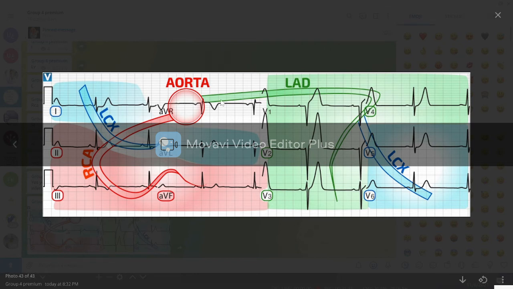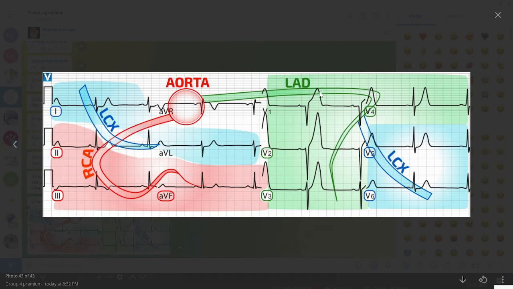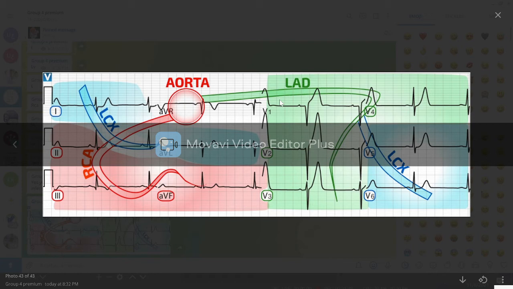So from the aorta, you have the left anterior descending artery. And your V1, V2, 3, 4, all of these are a representation of your LAD. So if you have a total occlusion of this, you will have an ST segment elevation in V1, 2, 3, and 4.